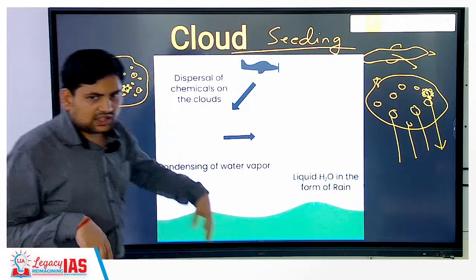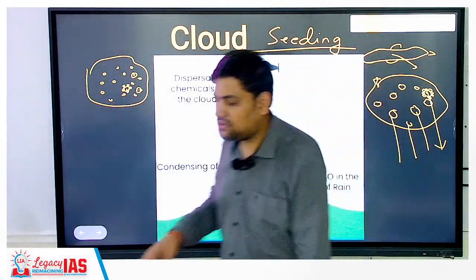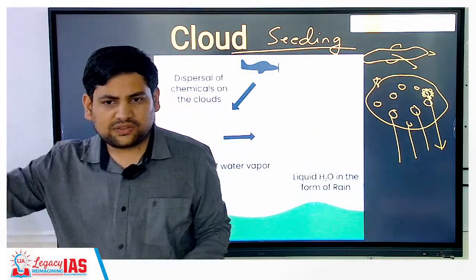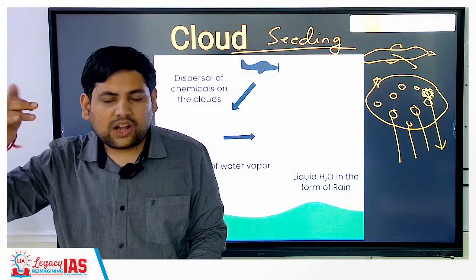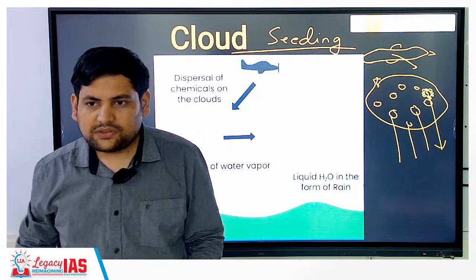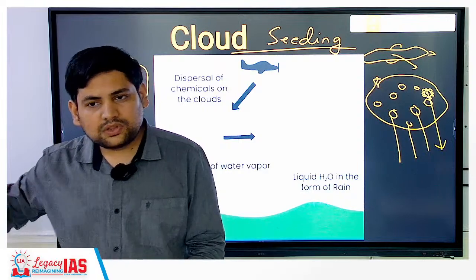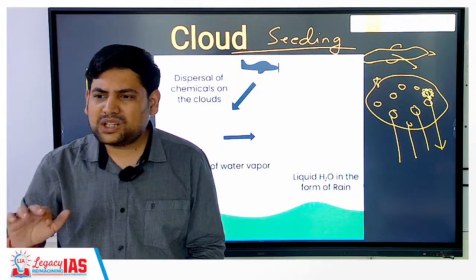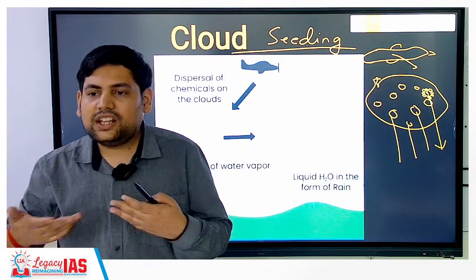Now the present government in Delhi is trying to use it to control pollution. If you know, in pollution there is a lot of dust particles, PM 2.5, carbon soot, and so on. You might have seen that after rainfall the air clears up. If you check the AQI, even if right now it is 40-45, you will see after rainfall it becomes 15-20. So every time there is rainfall, the air gets cleaner.